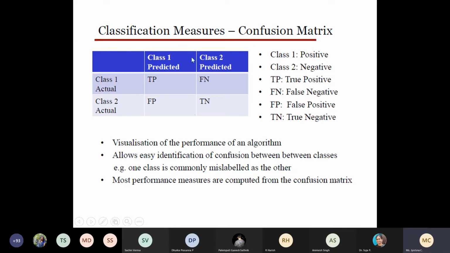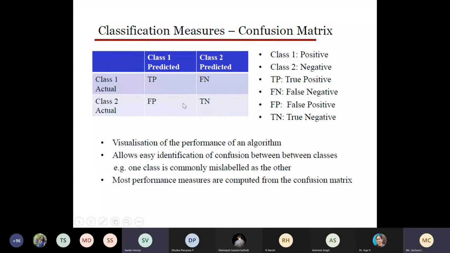But the confusion matrix gives a clear picture. True positive and true negative are the only correct classifications. The other two, false positive and false negative, give the picture of misclassification. That is what it explains.